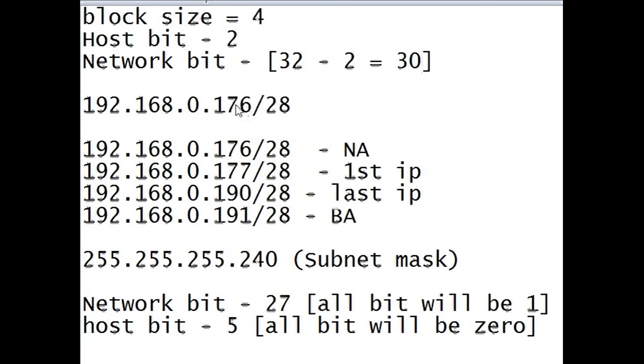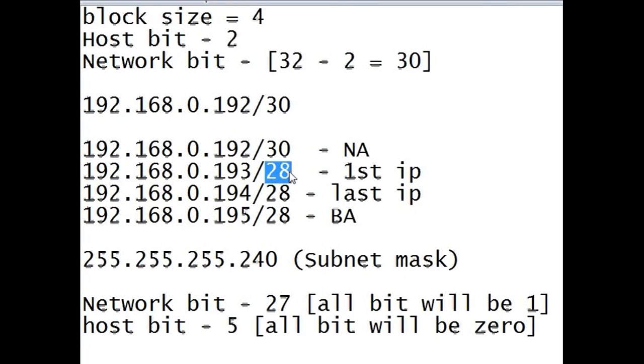So from 192 I will be getting all /30 networks. So here I am getting only two IP addresses: 192, first IP is 193, last IP is 194, broadcast address is 195. So this is /30.